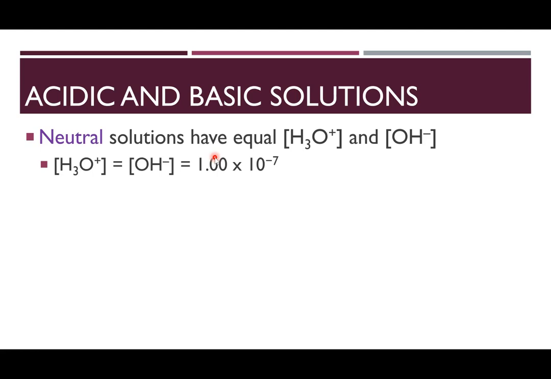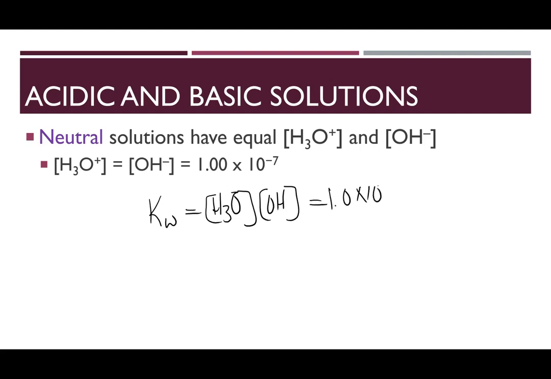All right. So how do I know that this is in fact true? If Kw equals hydronium times hydroxide, and this equals 1.0 times 10 to the negative 14th, and I want to determine the value of both of these, so neutral solutions, they have to be equal, then I can replace this with an x and replace this with an x because they're the same.